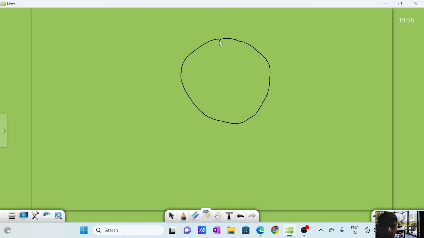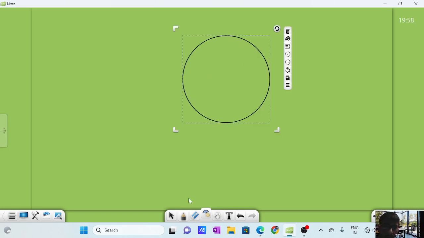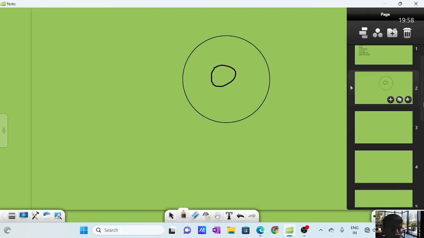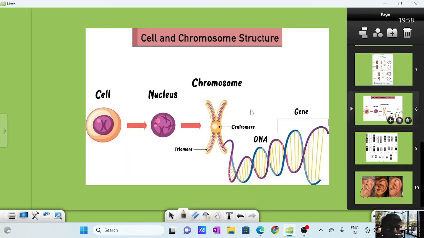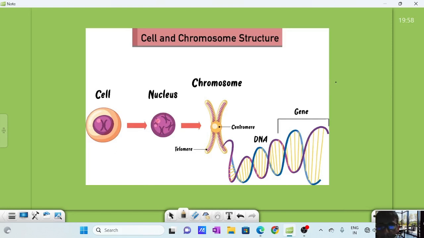This is a cell, and the cell will be having its own nucleus inside, right? I will show a diagram, that will be better. Look, this is a cell. The cell will be having a nucleus inside it. The nucleus will be having its genetic material, which is the chromosome, right?